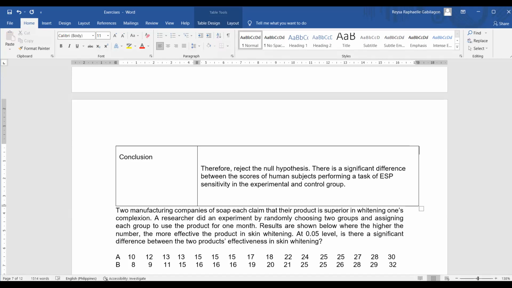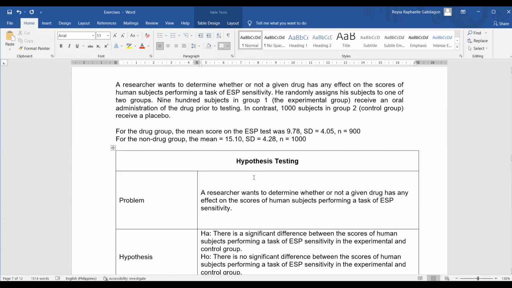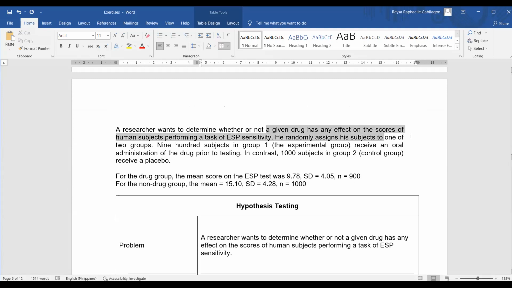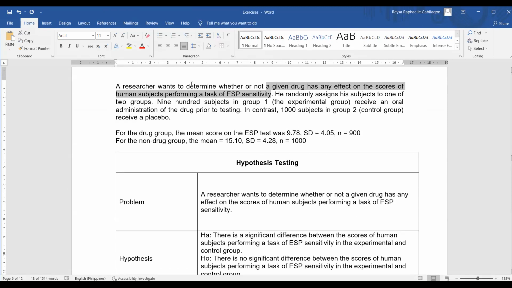And then actually, we can have an assumption here na meron talagang effect yung drug doon sa score. So makikita pa rin ng researcher kasi yung kanyang goal is to determine whether the drug has an effect or walang effect.